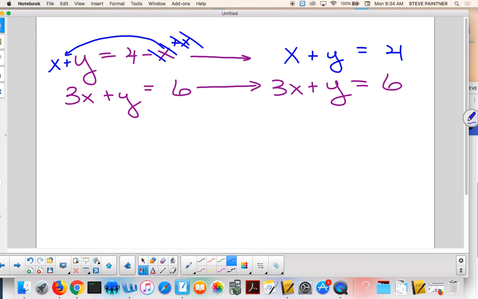And then when you multiply by negative 1, you get negative 3x, and this should be a minus 6, right? Add down, you get 0 equals 2x. That's minus 6, so that'd be a negative 2, 2x minus 2.